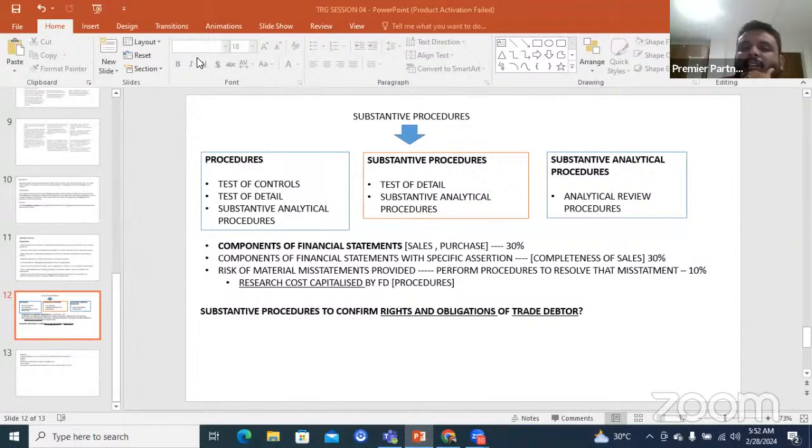And inspect a sample of sales invoice with the inventory to ensure the sale is made. Okay. Through that, how are you going to ensure the ownership, rights and obligations of the customer?